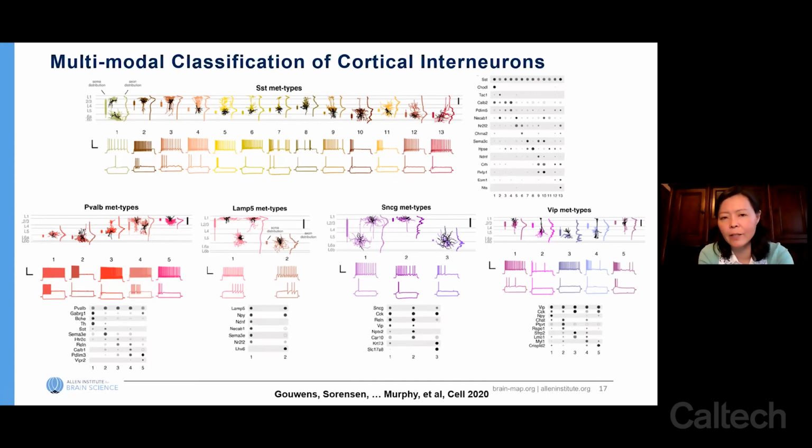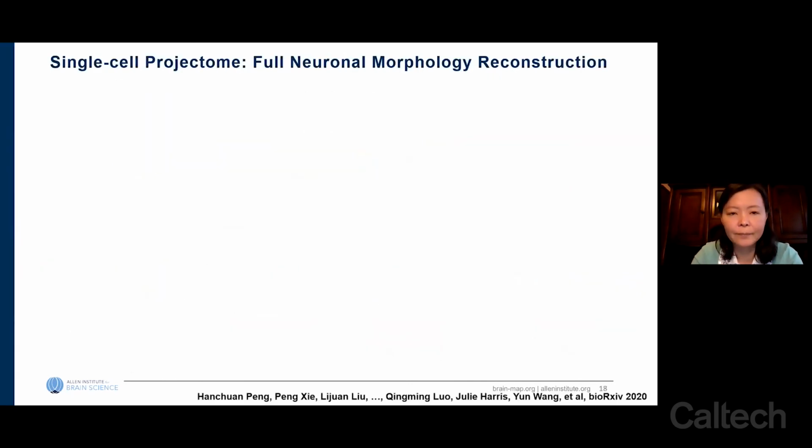With this kind of definition, the MET types have consistent marker gene expression and morphoelectrical properties that are actually highly mutually predictive. This mutual predictivity is actually critical for us now to link disparate data sets and investigations together.